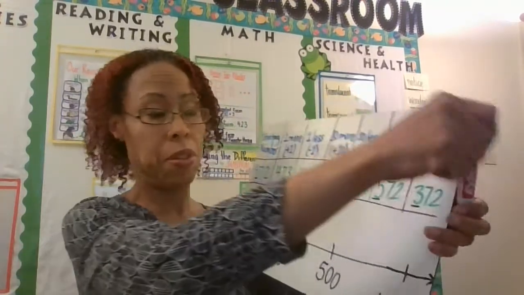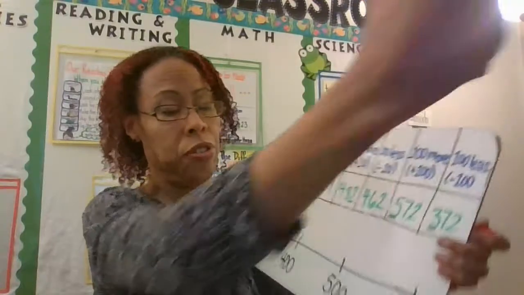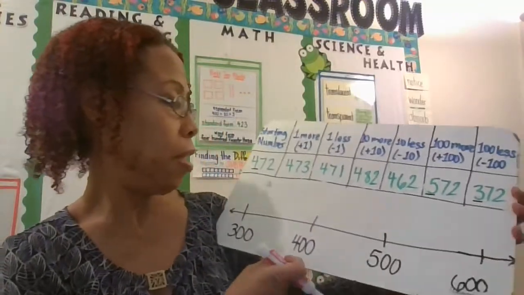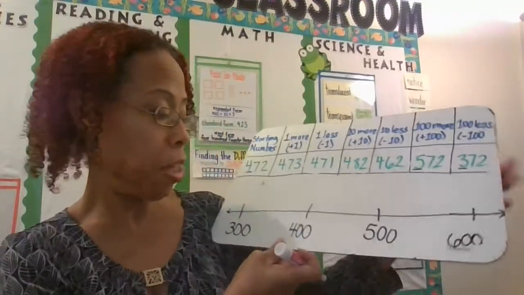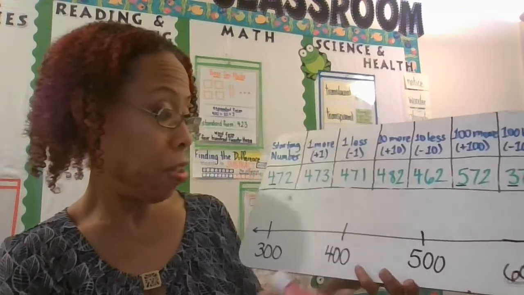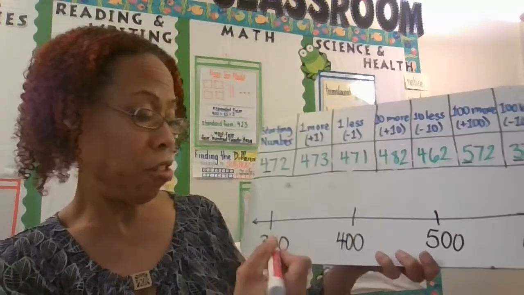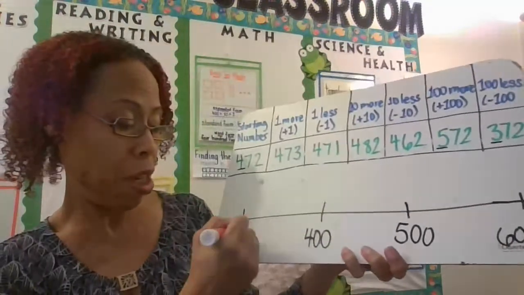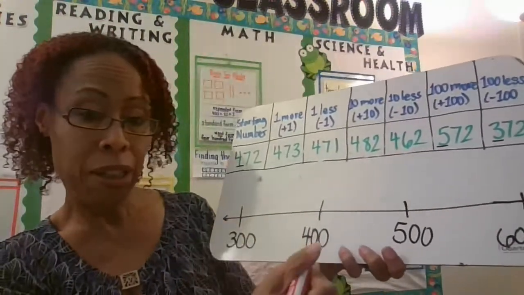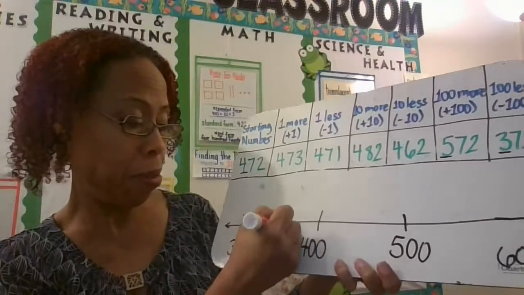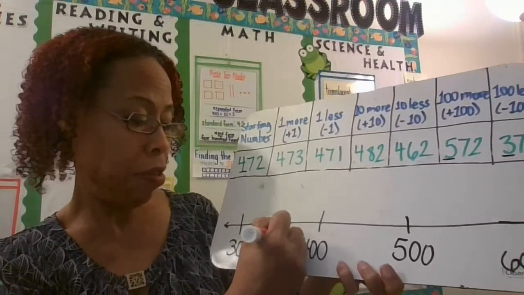Okay. So now the first number we're representing is 372. There's only one number that's in the 300s. All right, so 372. Remember, we always want to have our benchmark. Halfway between 300 and 400 is 350. So that's our benchmark.